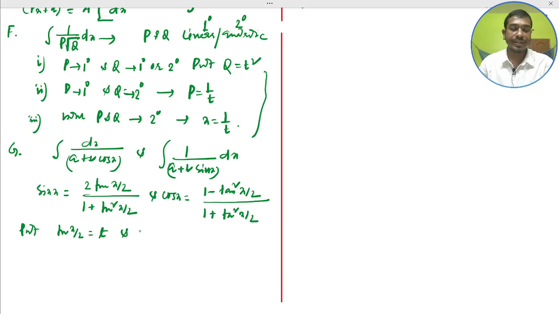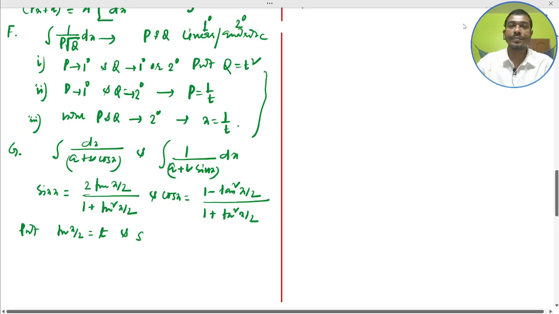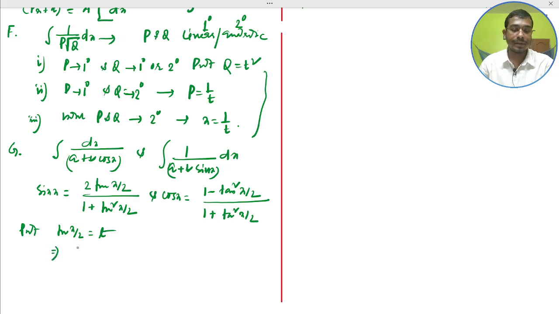Differentiating both sides, sec square x by 2 dx would be 2 dt. This is the substitution.